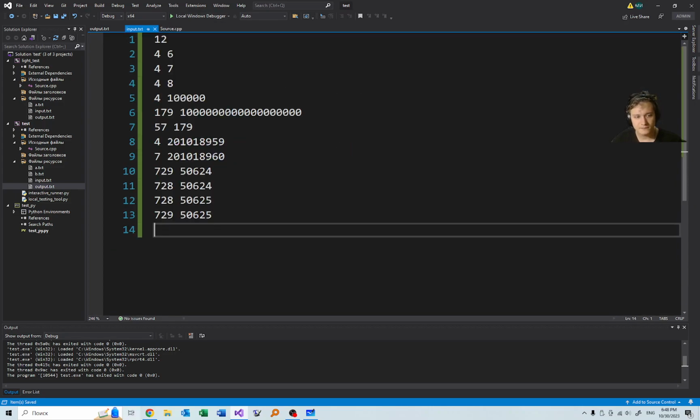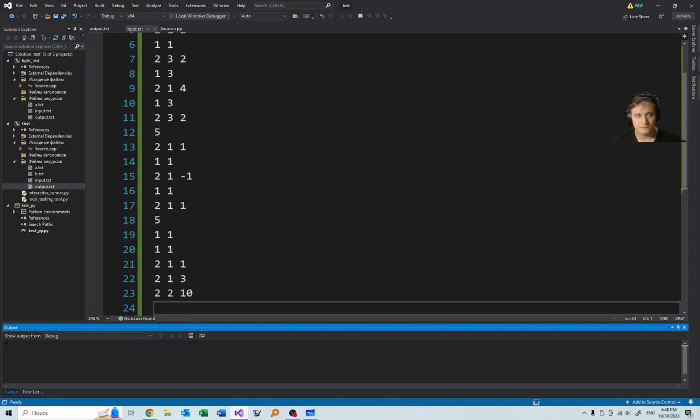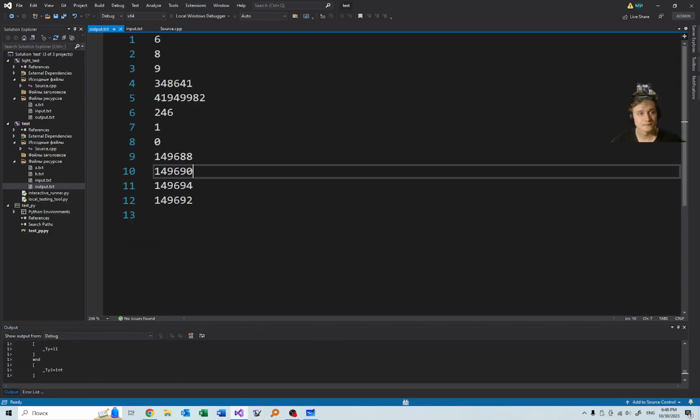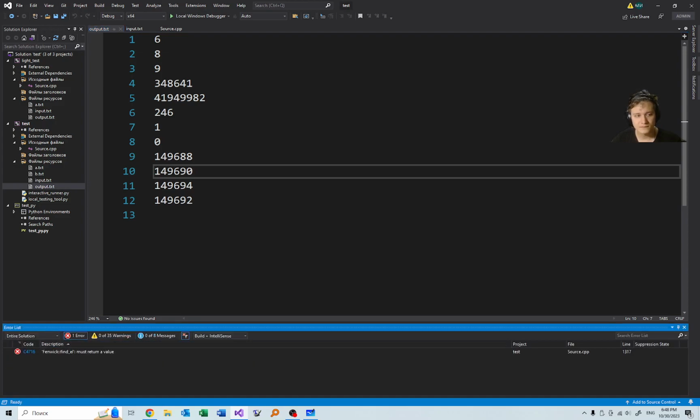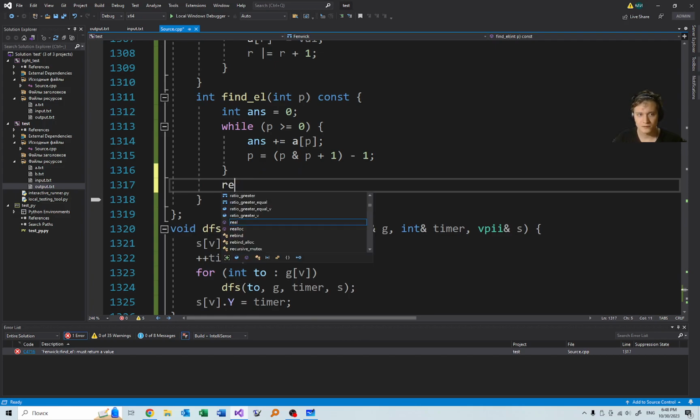Let's check it. Fenwick find L did not work, obviously.